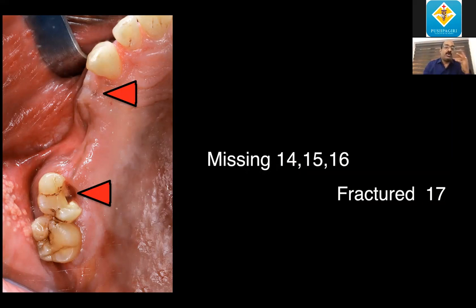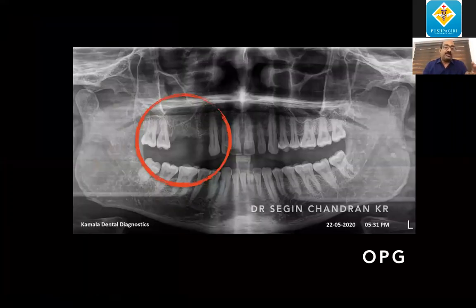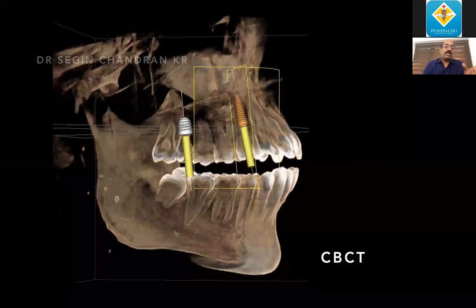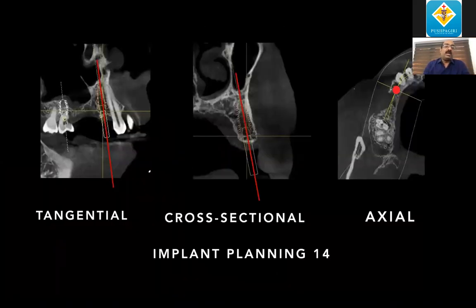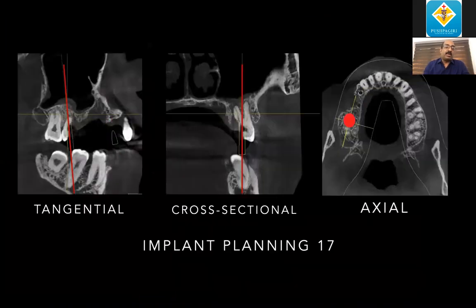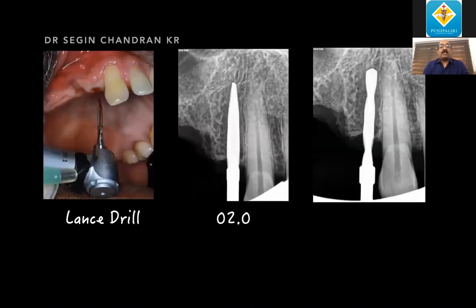So 1-4, 1-5, 1-6, 1-7. All these crowns are given, that is a 4-unit bridge is given with extraction of only one tooth and giving one short implant and one regular implant and immediately loading the site with the help of CT guided implant placement and guided surgery. And this is the result.